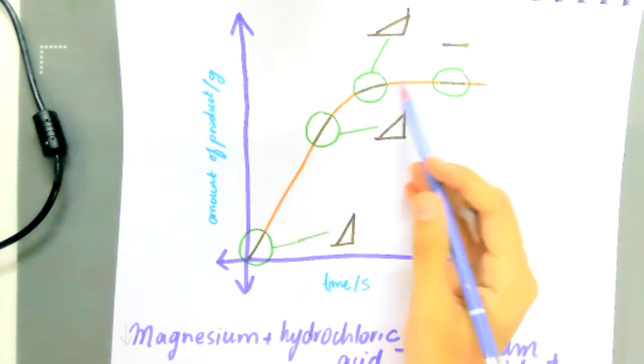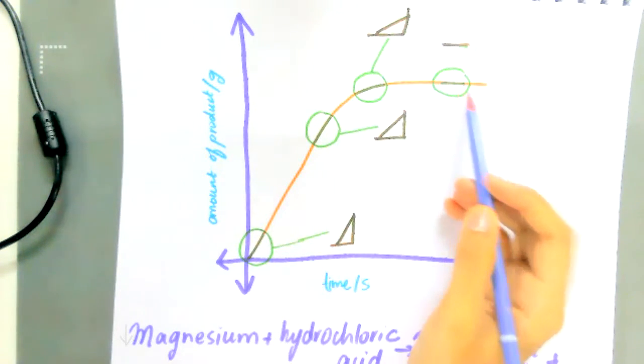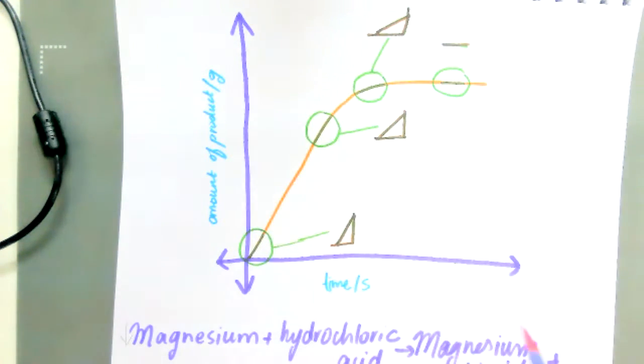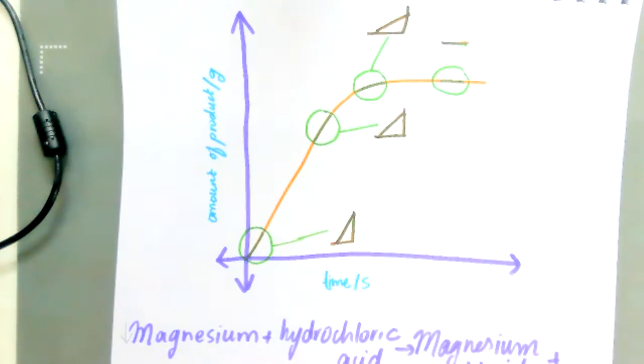Because all the reactant got used up, and all of it was turned into the product. So this is one way you can see the fact that reactions stop when there's not enough reactants. This is a proof in itself that concentration affects the rate of reaction.